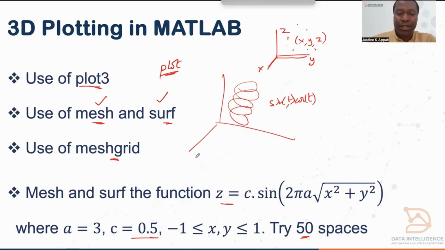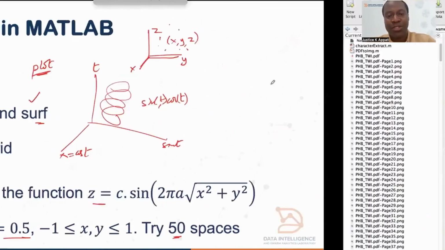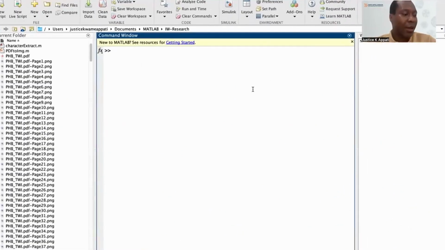So we shall plot on the axes, x-axis being cos of t, y-axis being sine of t, and the z-axis being the time itself, the time at which they fold in. This is what we want to plot using our Matlab. So let's proceed to observe what then happens over there.